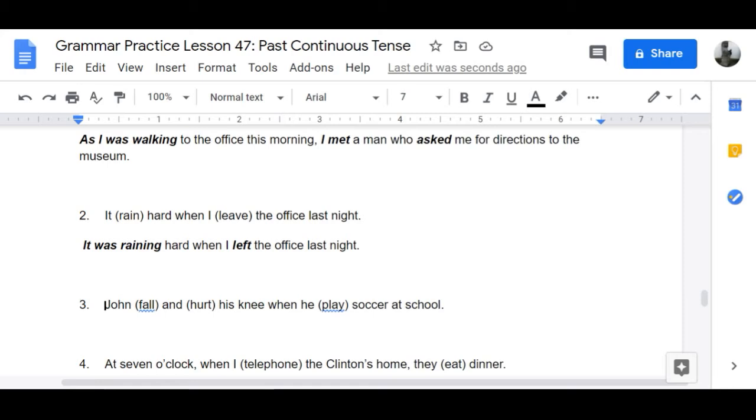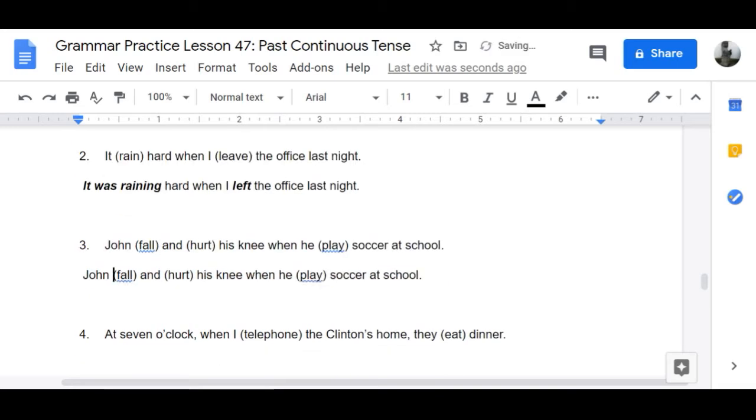3. John and his knee when he soccer at school. So guys, I'm gonna copy while you think. And I paste. Great. John fell and what? And hurt. He fell and hurt. Fall, fell, hurt.